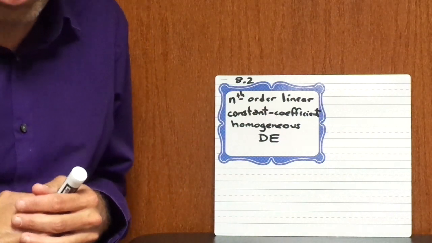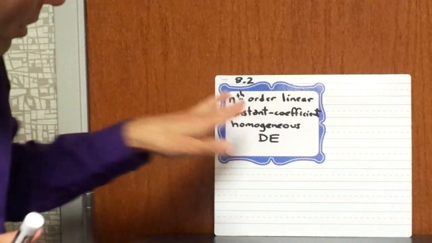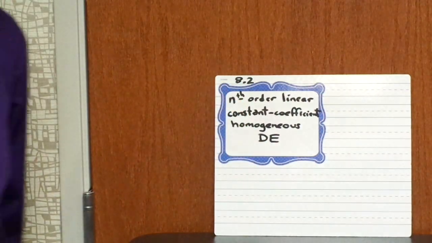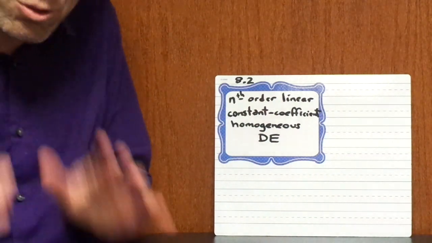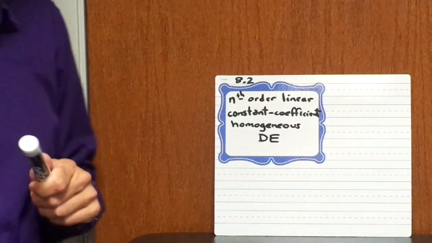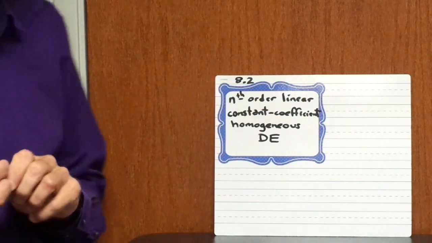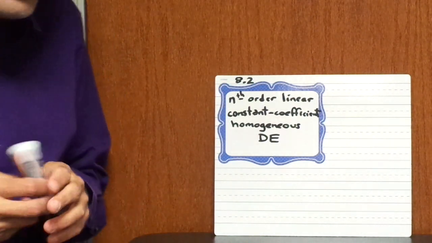Linear, constant coefficient, homogeneous differential equations are just such a family. It's a family of differential equations that we can always solve. Let me run through how we do that, and that's the whole idea behind this section. It's relatively easy to carry out in practice.